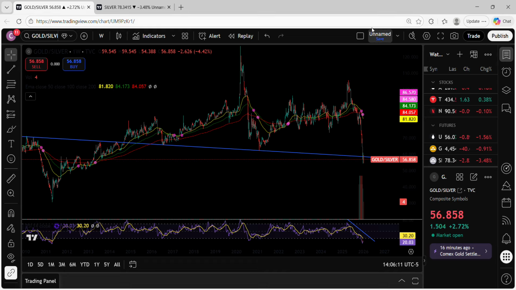As you can see here, I talked many times about it hitting this particular trend line right here. And if you notice, we pushed down to that trend line and we have started to pretty much consolidate at that trend line.